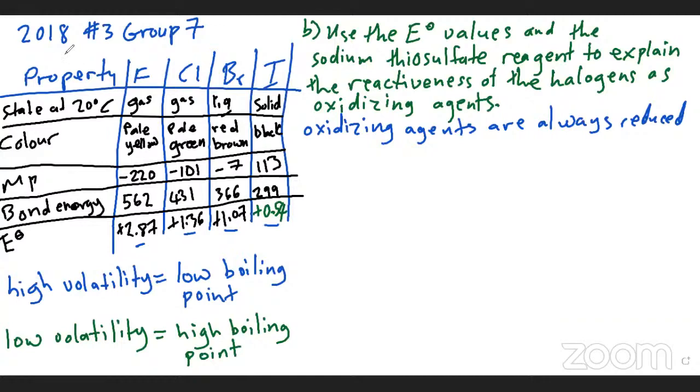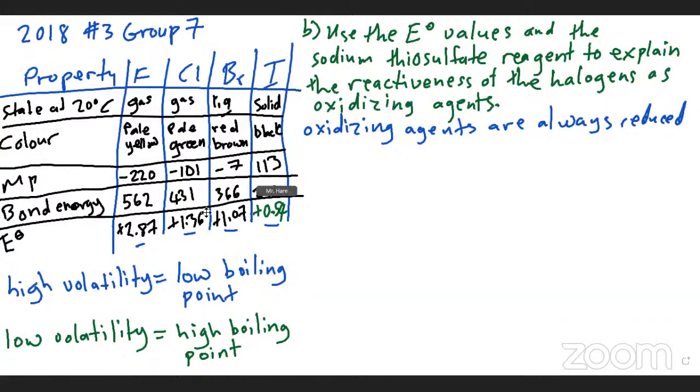The question says, use the E naught values and the sodium thiosulfate reagent, explain the reactiveness of halogens. So if it is able to accept electrons readily, it's going to be more reactive. So the better an oxidizing agent, the more reactive it is.